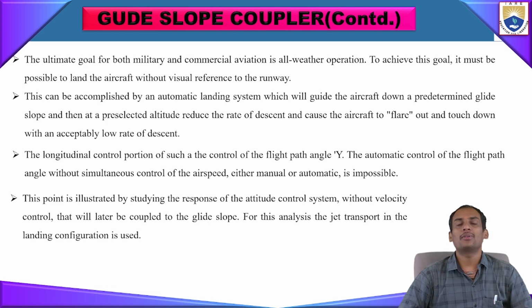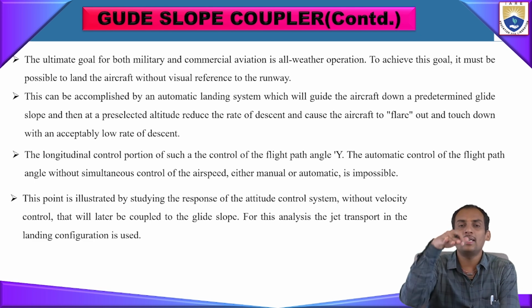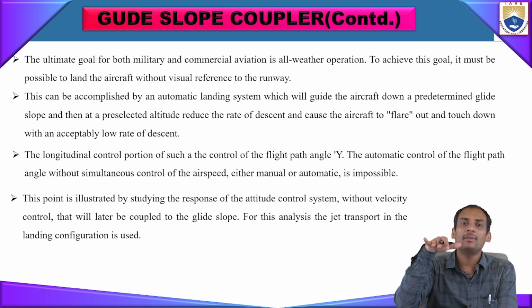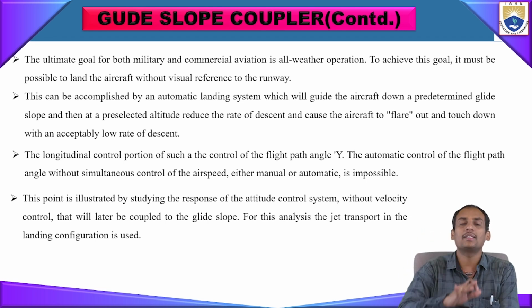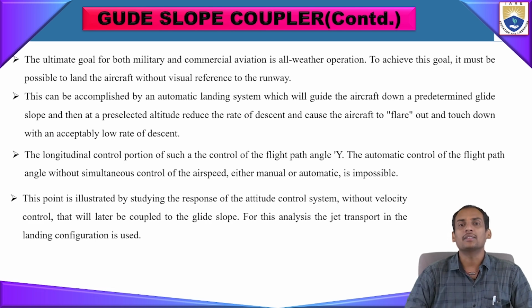To achieve this goal, it must be possible to land the aircraft without visual reference of the runway. Without visual reference means that even if we don't know exactly where the landing runway is placed, the aircraft should still land with precision.